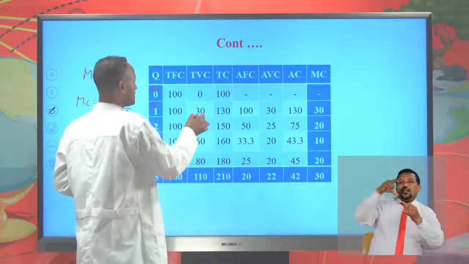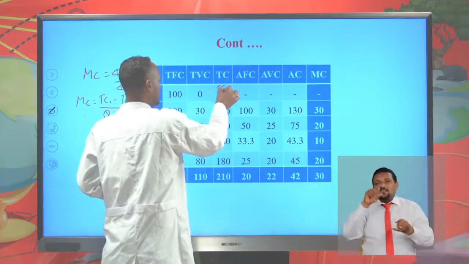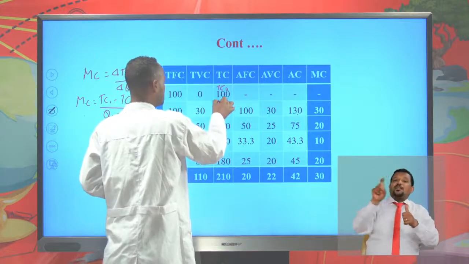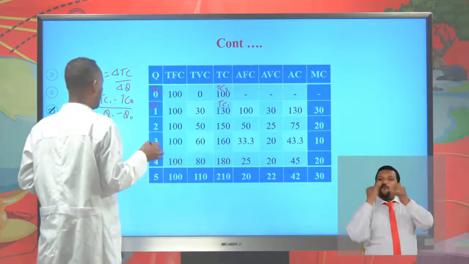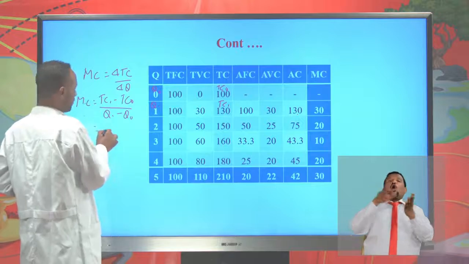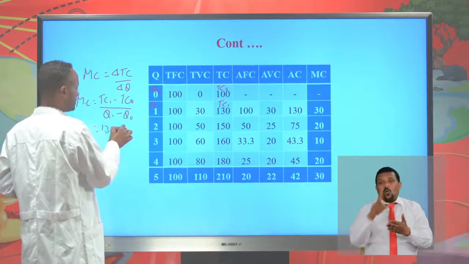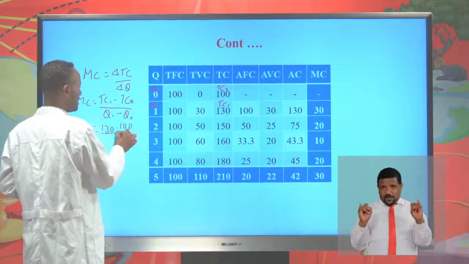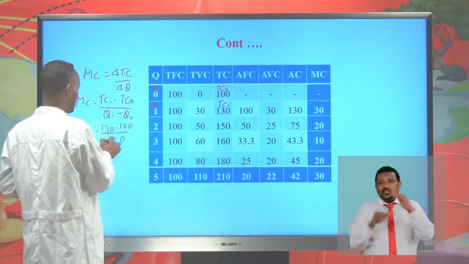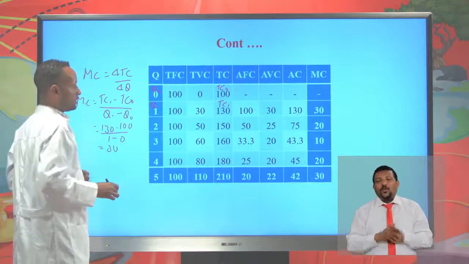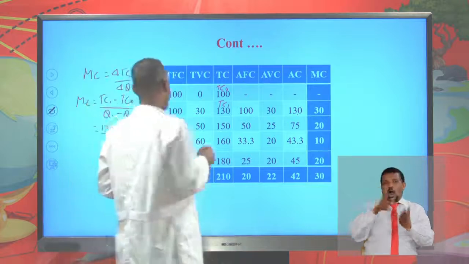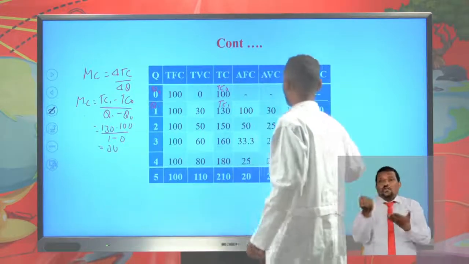And let's take this 100 as TC initial and this 130 as TC final. Then the marginal cost of production will be 130 minus 100 divided by 1 minus 0, which is 30. So the marginal cost of producing 1 unit of a commodity is 30.